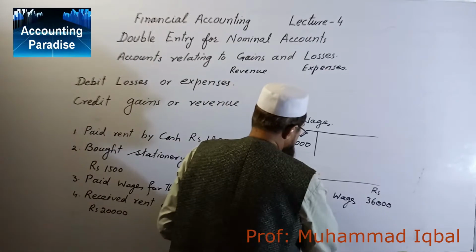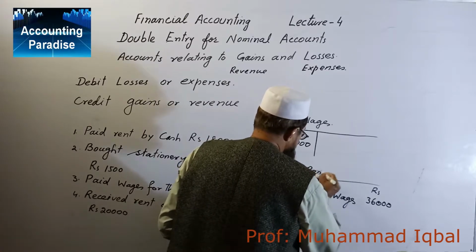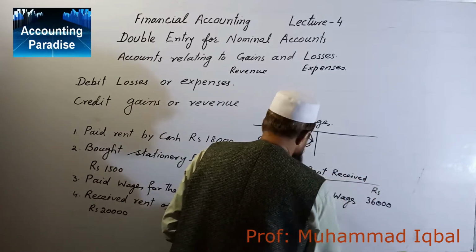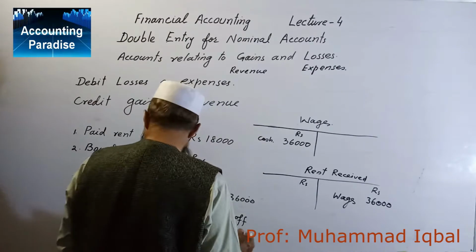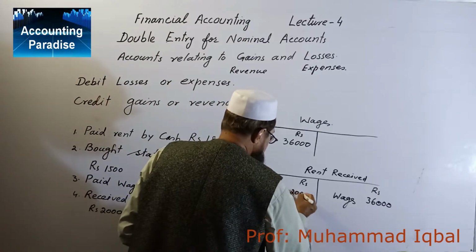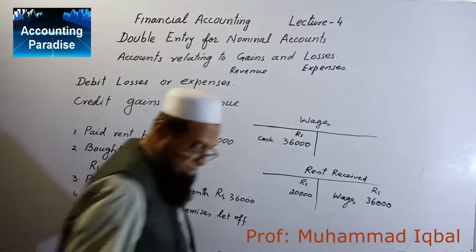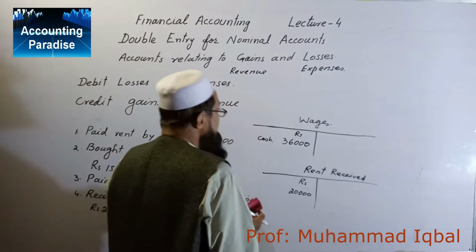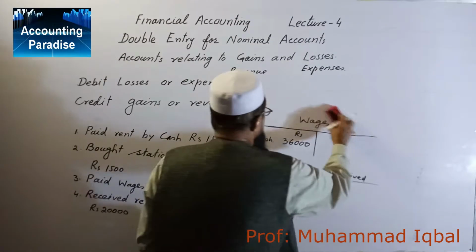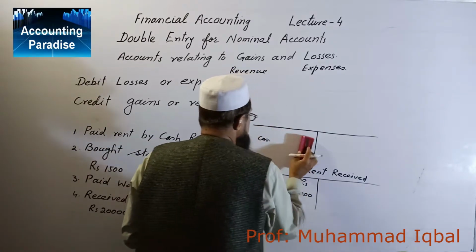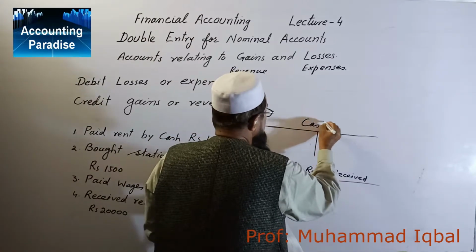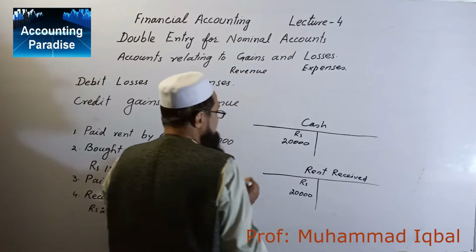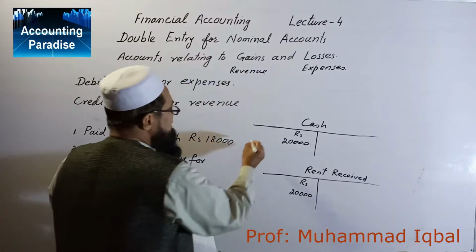Now the rent received rupees 20,000. And the cash is debited. The contra would be rent, here cash.